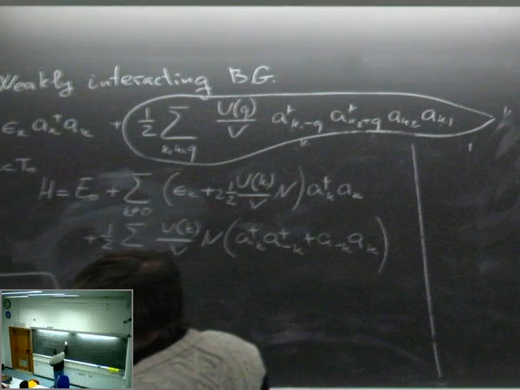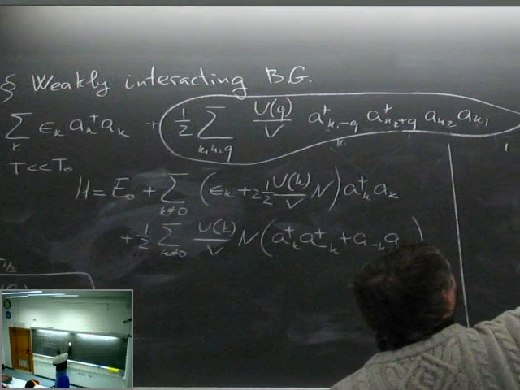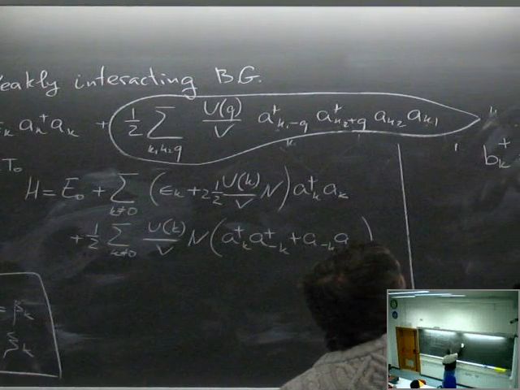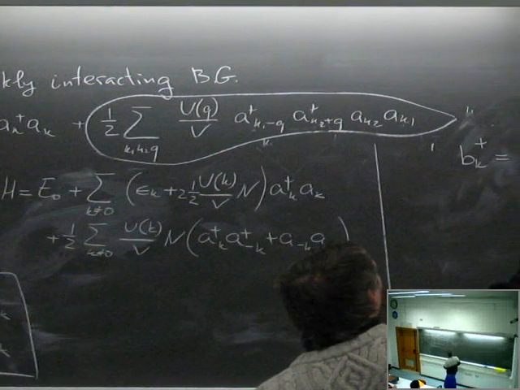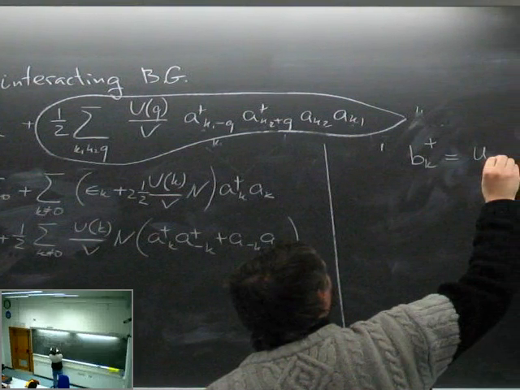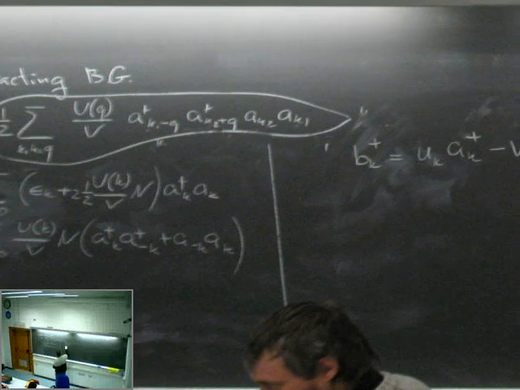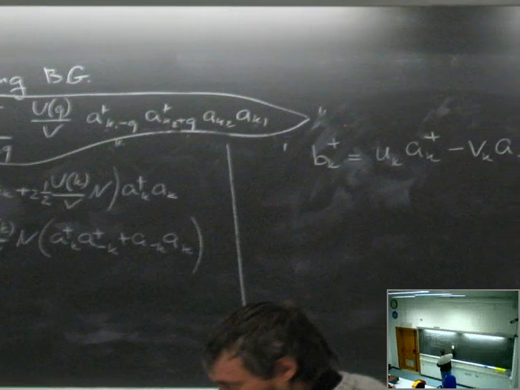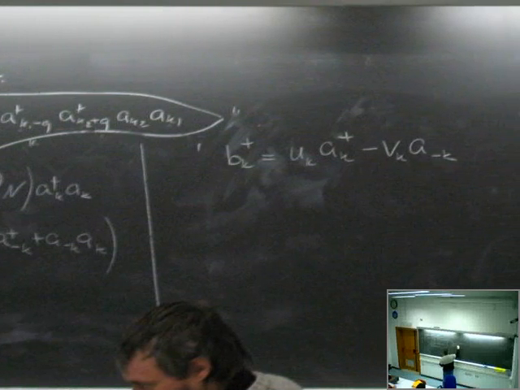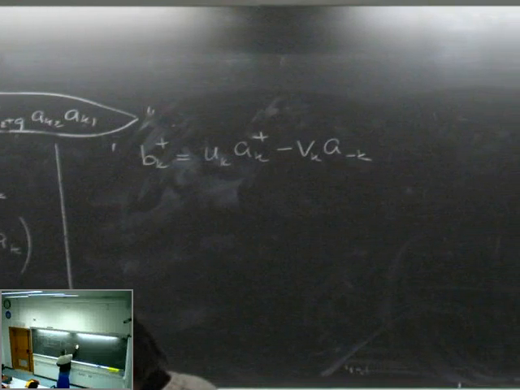B K dagger is equal to U K A K dagger minus V K A minus K. So I would like to mix states with a K creation and minus K annihilation. The same way, the complex conjugated B K is equal to U K A K minus V K A minus K dagger.